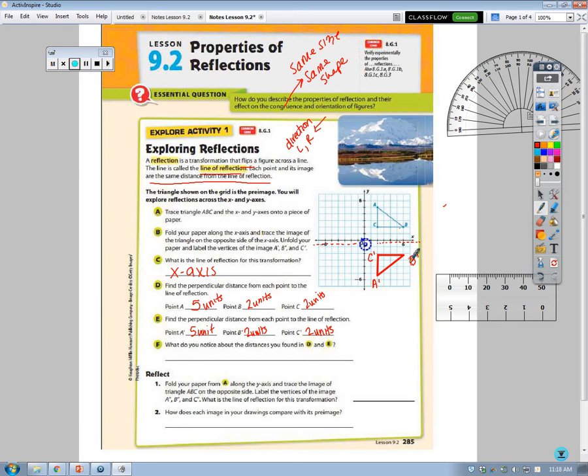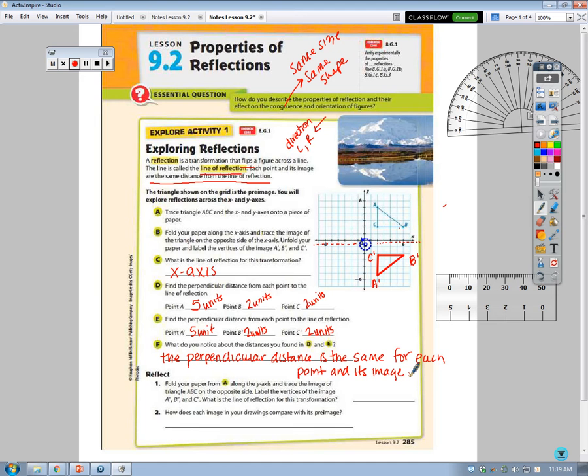So we could say something like, the perpendicular distance is the same for each point and its image. Right, that means our after. So each point in our pre-image as it is in our image.